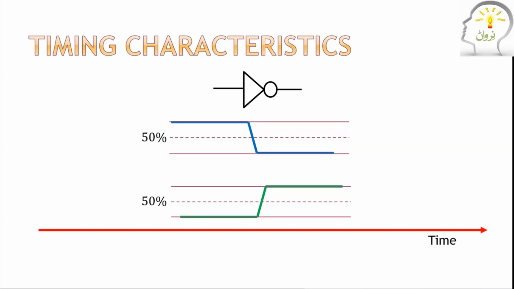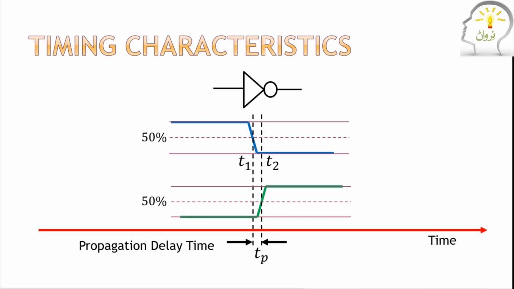Then we see at what time the input reaches its 50% value, and that time is called T1, and we note down the time at which the output reaches its 50% value. That time is called T2, and the difference between these two is called the propagation delay time.